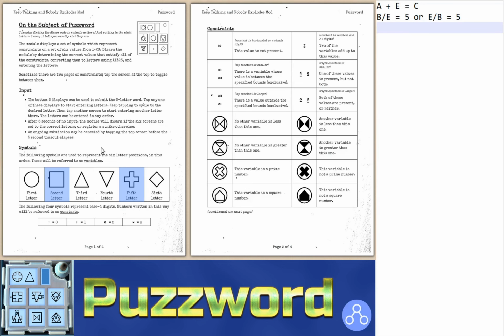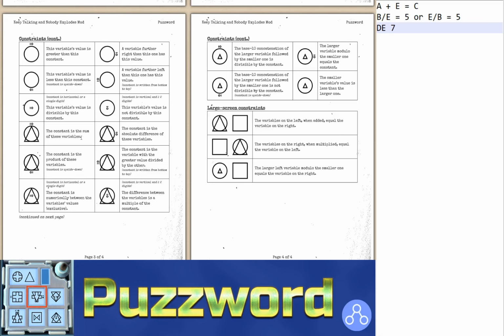Okay, next one. We have another plus sign and we have a down pointing triangle, so we're looking at delta and echo, and then we have ix on the right, which is 4 plus 3, that is 7. And as explained here, this is the absolute difference of these variables. What does that mean?